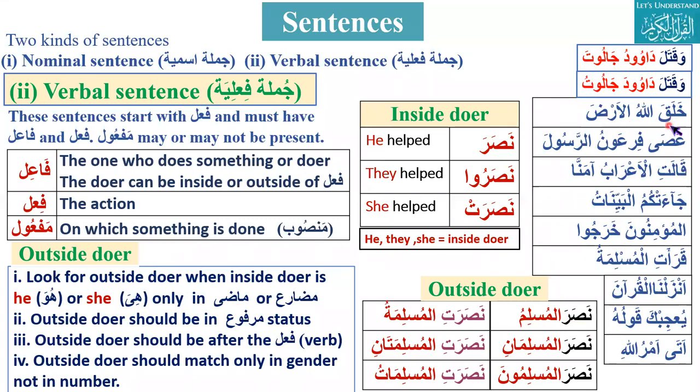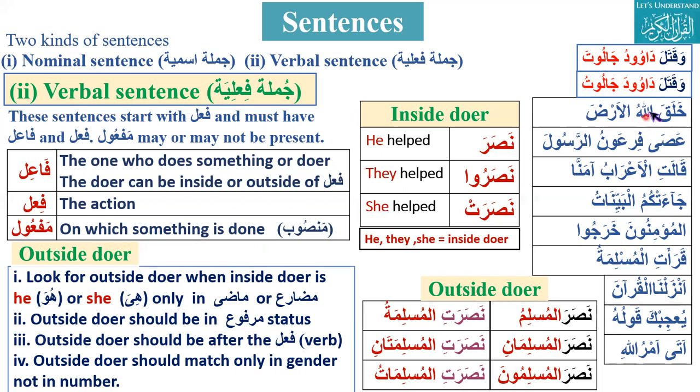Can you please take this one? Khalaqallahul arda. Khalaqa, he created. Allah. Al-ard, the earth. So khalaqa, he created. He is the inside doer here, so we must look for the outside doer. Allah is the outside doer.